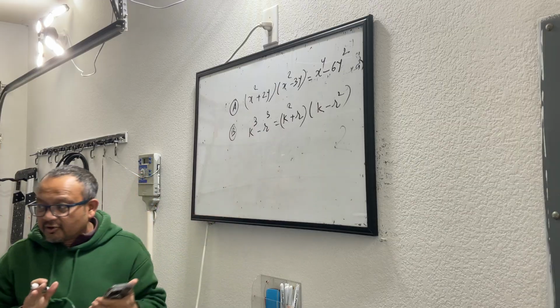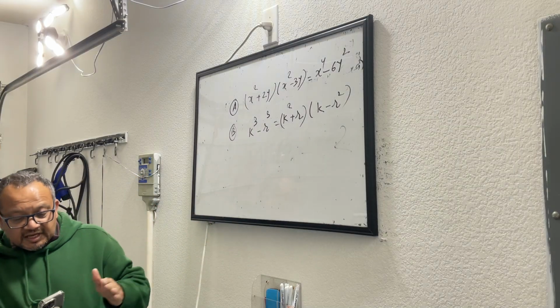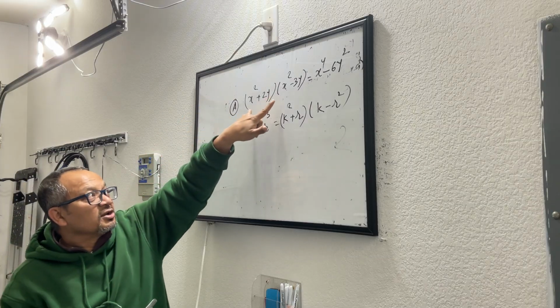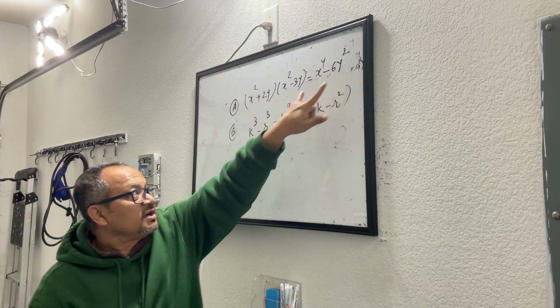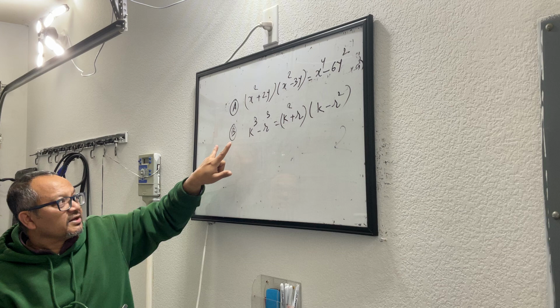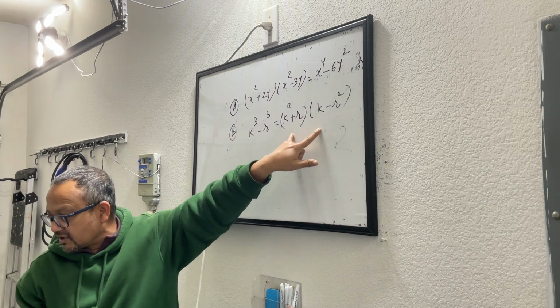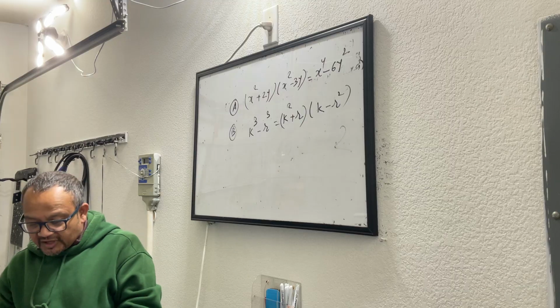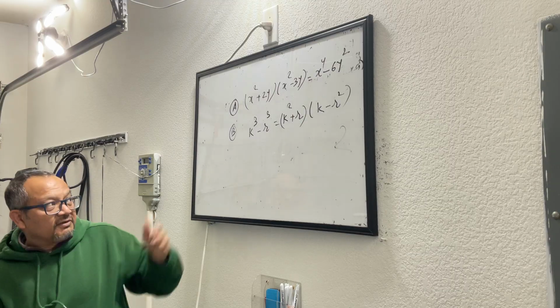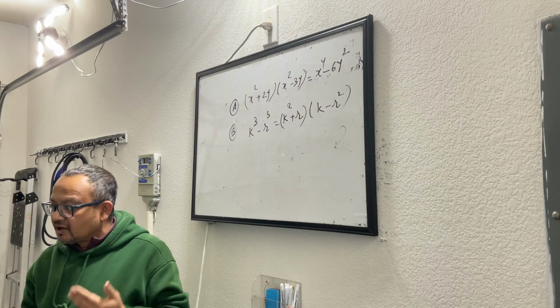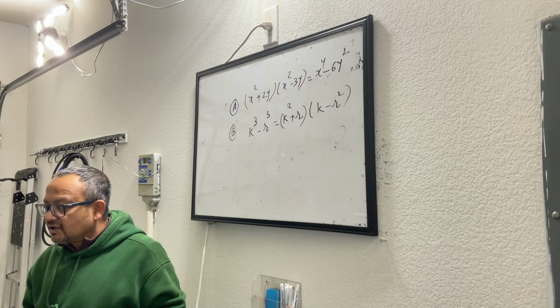And I'm reading the question again. It says, which of the equations are true identities? So this is one equation where you are seeing polynomial on this side and polynomial on this side. This is the second equation where you are seeing this polynomial on the left hand side and this polynomial on the right hand side. The question says, which of the equations are true identities? And you have options like option A, option B, A and B both, none of them.